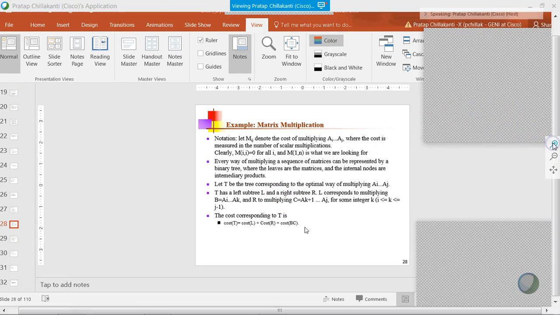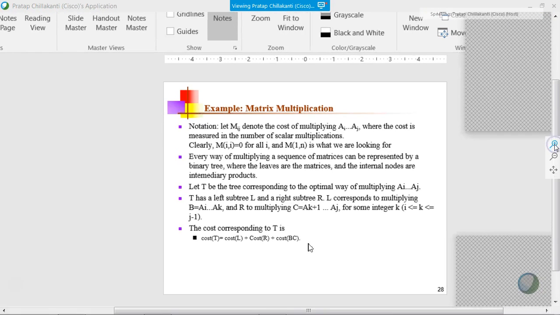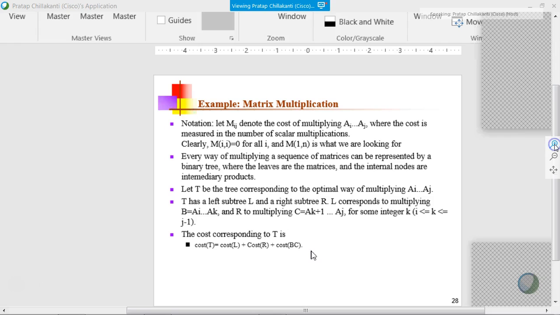The sub-problems of an optimal solution are themselves optimal. But we also said that when you are going bottoms up, just because you have A implies B does not mean B implies A.